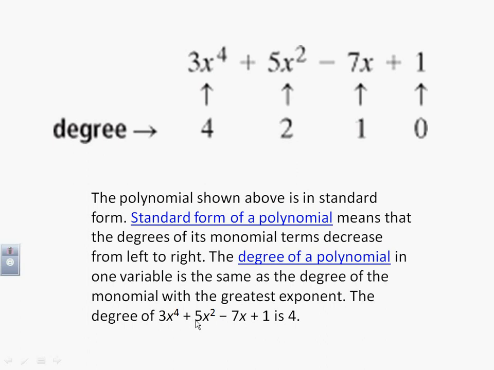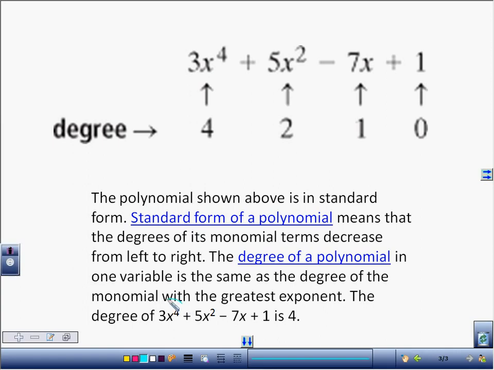The degree of 3x to the fourth plus 5x squared minus 7x plus 1 is 4. Do you guys understand why this is 4? Because this is the highest degree term. So you go by that exponent right there. That's what Miss Lindgren was referring to.